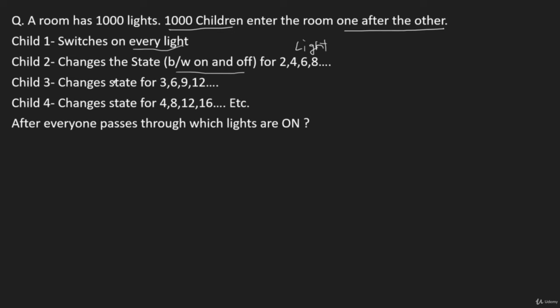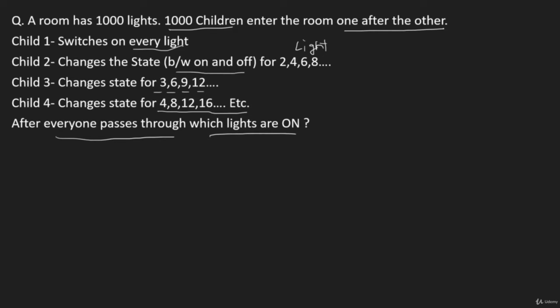Now child 3 changes the state for lights 3, 6, 9, 12, etc. Child 4 changes the state for the lights 4, 8, 12, 16, etc. Now it goes on like that, and after everyone passes through, we have to find which lights are on. Now pause the video, give it a try, and then we'll solve it together.